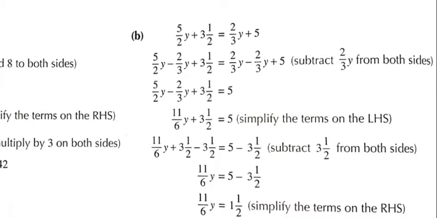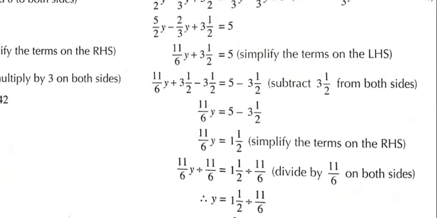So we subtract 3 1 over 2 from both sides, and then this one will be eliminated. This one will become 5 minus 3 1 over 2. Do it your own way.